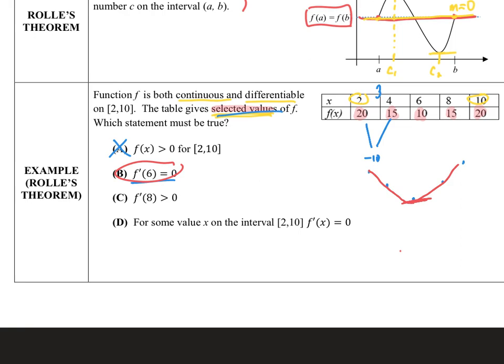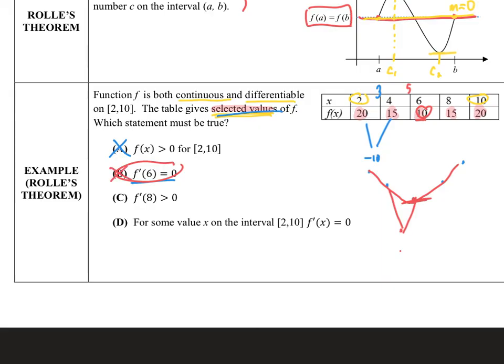But again, for the same reason I couldn't choose A, I have no way of knowing what's happening in between these values. So even though it does look like a minimum value is happening at 10, at x equals 5, this thing might dip down below and go lower than 10 and not necessarily indicate that a minimum is occurring at x equals 6. So let's not pick B.